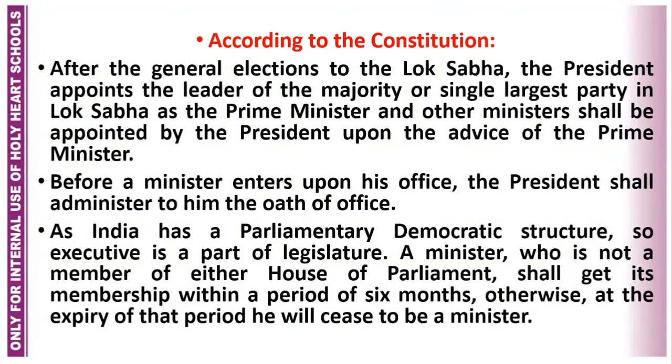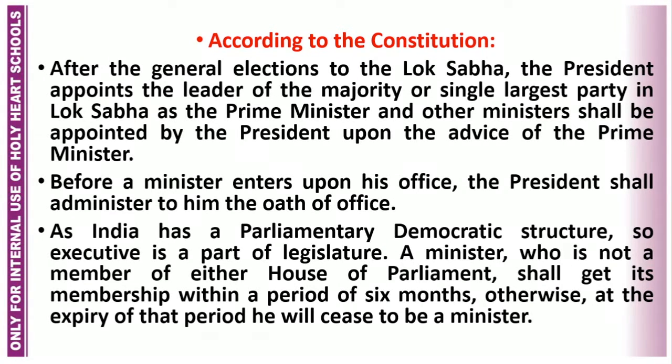Before a minister enters upon his office, the President shall administer to him the oath of office. As India has a parliamentary democratic structure, the executive is a part of the legislature. A minister who is not a member of either house of Parliament shall get its membership within a period of 6 months. Otherwise, at the expiry of that period, he shall cease to be a minister.